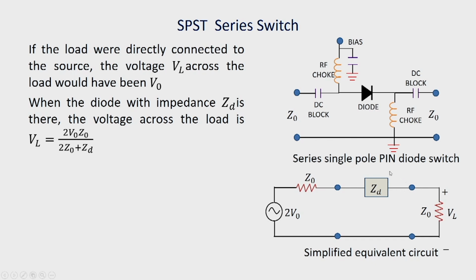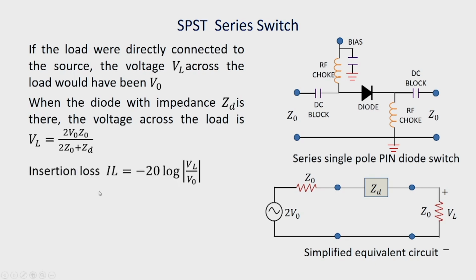When this diode is present, at that time the diode can be modeled by its equivalent impedance ZD, and the voltage VL becomes 2 V naught Z naught divided by 2 Z naught plus ZD.